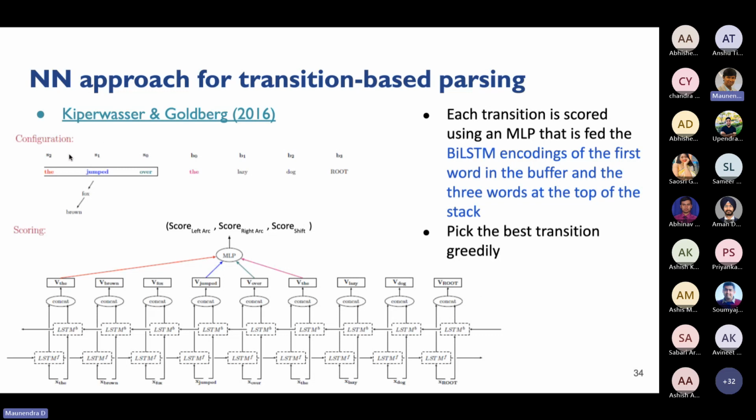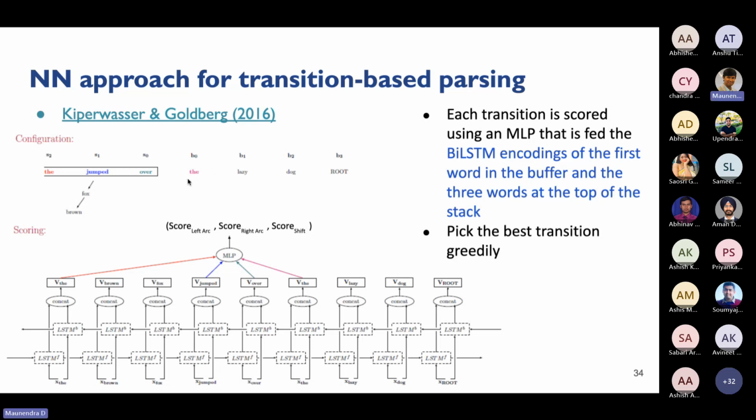At the same time, you also have S2, S1, S0, this is the stack, and B0, B1, B2, B3 is the one that is there in the buffer. B stands for buffer. So each transition is scored by using an MLP that is fed the BiLSTM encodings of the first word in the buffer and the 3 words at the top of the stack.